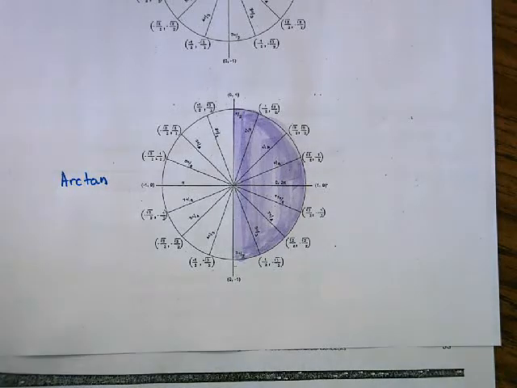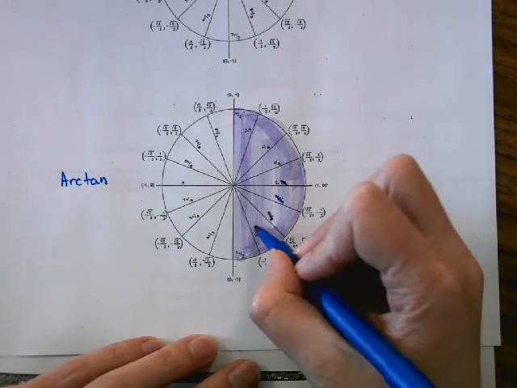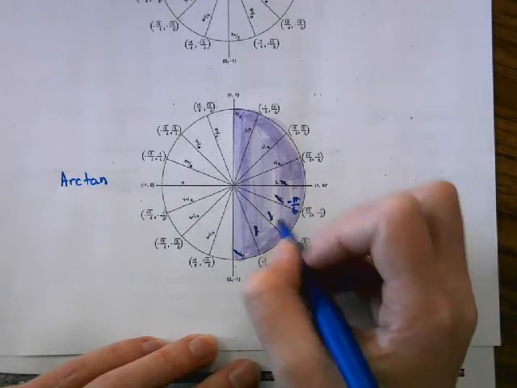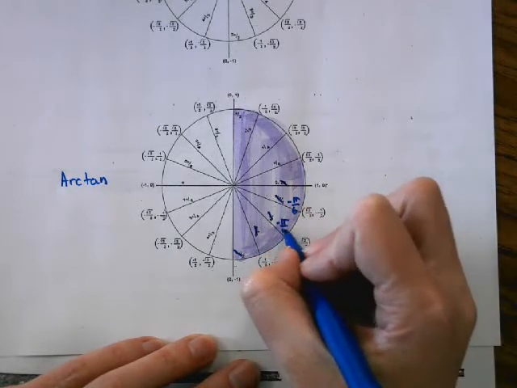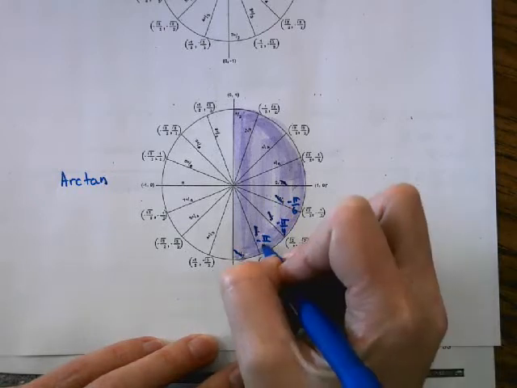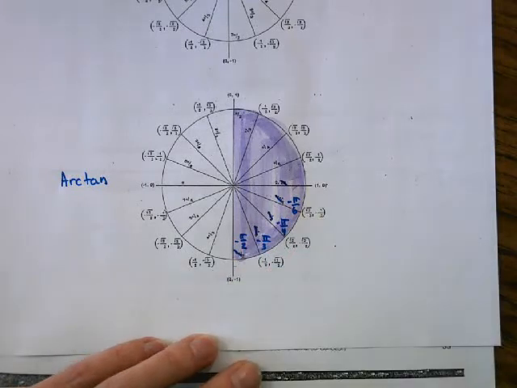Just like I did on the sine, I'm going to get rid of anything that's not between negative pi over 2 and pi over 2, and replace this with negative pi over 6. This is negative pi over 4. This is negative pi over 3. And this is going to be negative pi over 2.